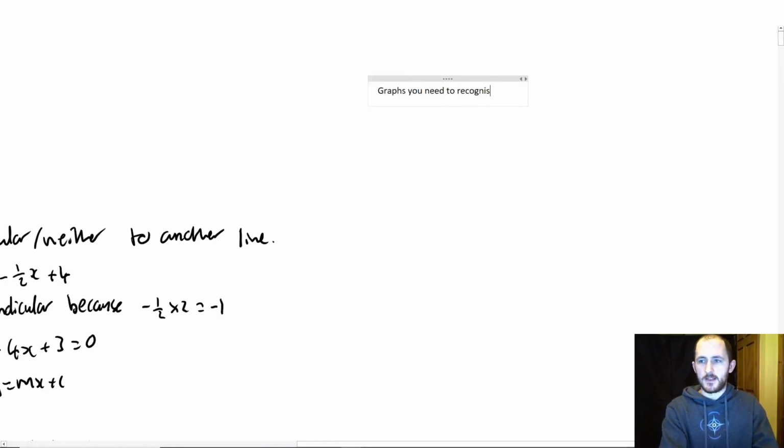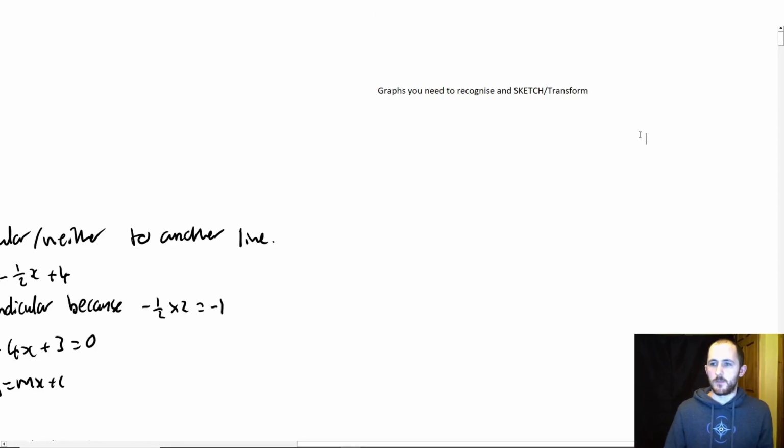To recognize and sketch and transform. Okay? So I'm going to draw out all of the graphs and functions you need to be able to recognize and sketch and transform, okay? So again, this is all from your spec, so you can double check it if you'd like to, but I will show you that now. And yeah, we'll go through them one by one.